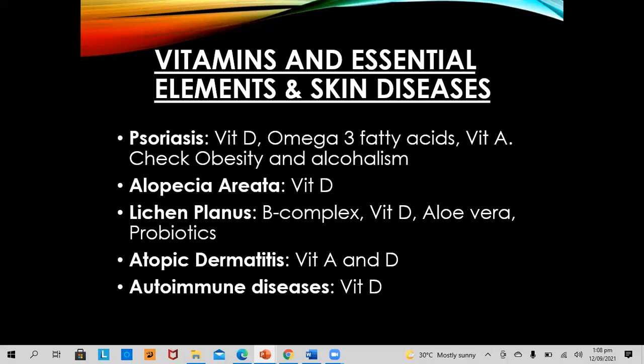Lichen planus: B complex, vitamin D, aloe vera, and probiotics. Atopic dermatitis: vitamin A and vitamin D. And autoimmune diseases: vitamin D. So you can see that vitamin D is common in all these diseases. So vitamin D has become a very important vitamin to be given in skin disease of almost any indication, of any type.